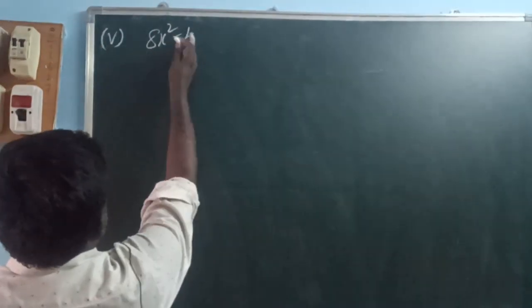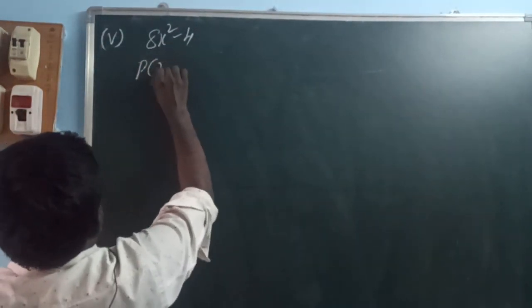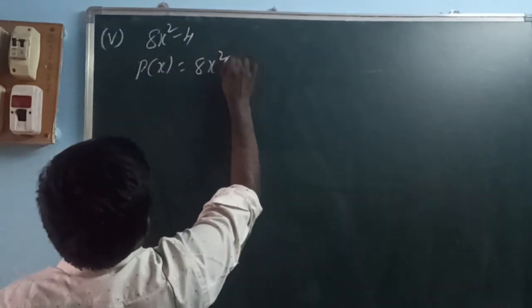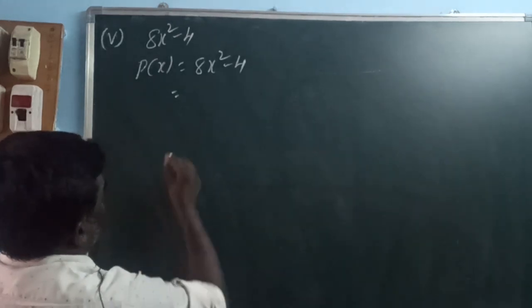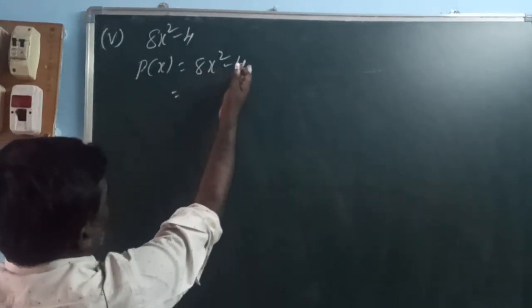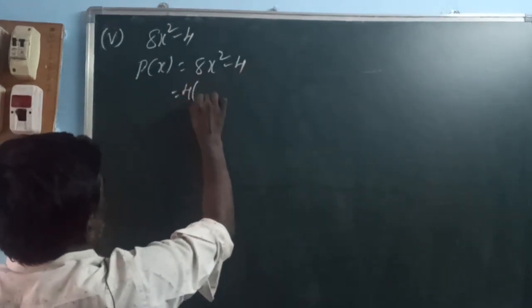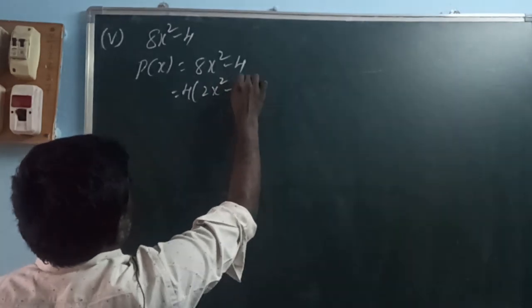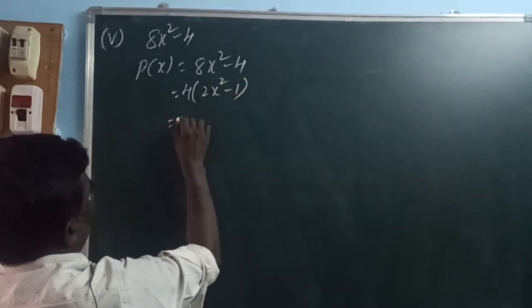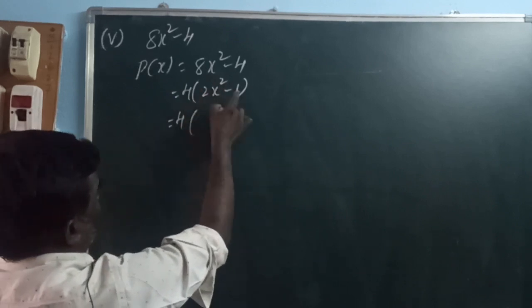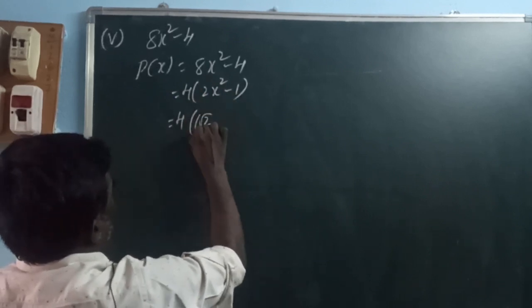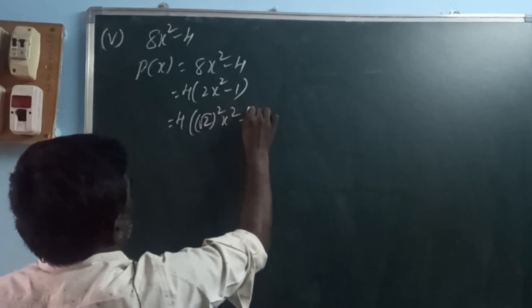So next, 8x square minus 4. Here p of x is equal to 8x square minus 4. So here 8x square, how can we write? 8 is 4 twos, 4 is 4 ones, 4 is taken outside, we get 2x square minus 1. So that is 4 of 2x square minus 1, we can write as root 2 whole square x square minus 1 square.